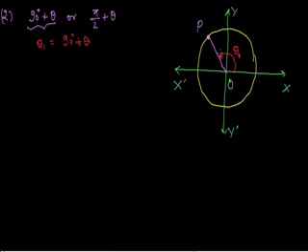Okay. After this, to obtain the values of sine theta 1, cos theta 1, we need to drop a perpendicular from P to obtain the triangle of reference. So we will drop the perpendicular from P on x-axis.